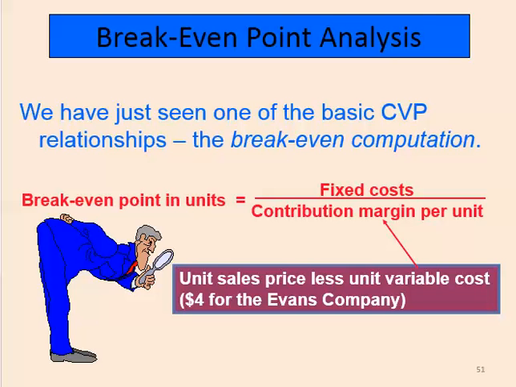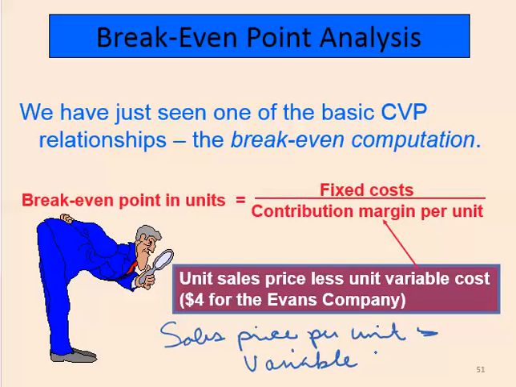Remember, contribution margin per unit was our sales price per unit minus that variable cost per unit. That is our contribution margin per unit. Oh, it has it there, sorry, I didn't see that. Unit sales price minus the unit variable cost.